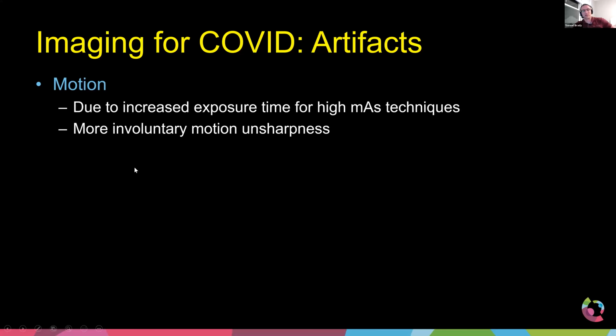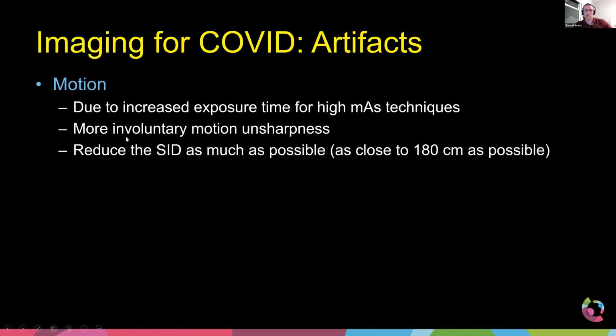All right, so we talked a little bit about motion. Due to increased exposure time for high mAs techniques, there will be more involuntary motion and less sharpness. That's just part of it. We want to reduce the SID as much as possible.